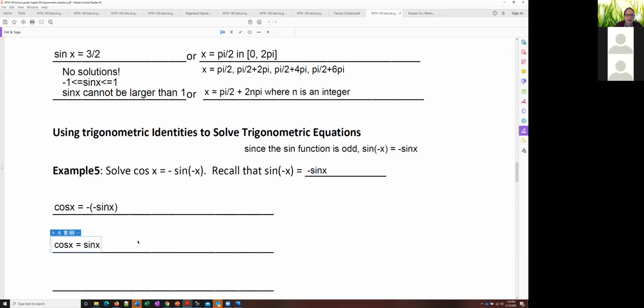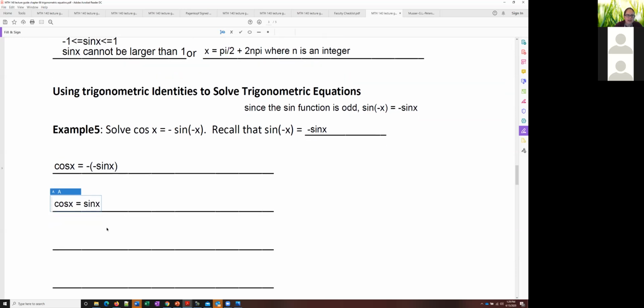You might be able to just think about the points on the unit circle where cosine x is equal to sine x, or you could divide both sides by cosine x, and you get 1 is equal to sine x divided by cosine x. In other words, 1 is equal to the tangent of x.